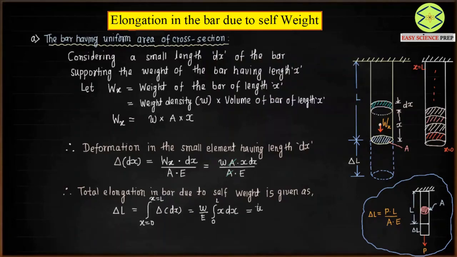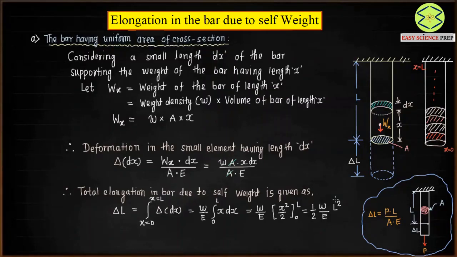You'll have weight density divided by E times x square by 2 from 0 to L, and therefore if I simplify this, it is going to be 1 upon 2 weight density by E into L square, because if I put the limits, the upper limit is L, so it is L square by 2 minus 0 square by 2, so it is half W by E L square.